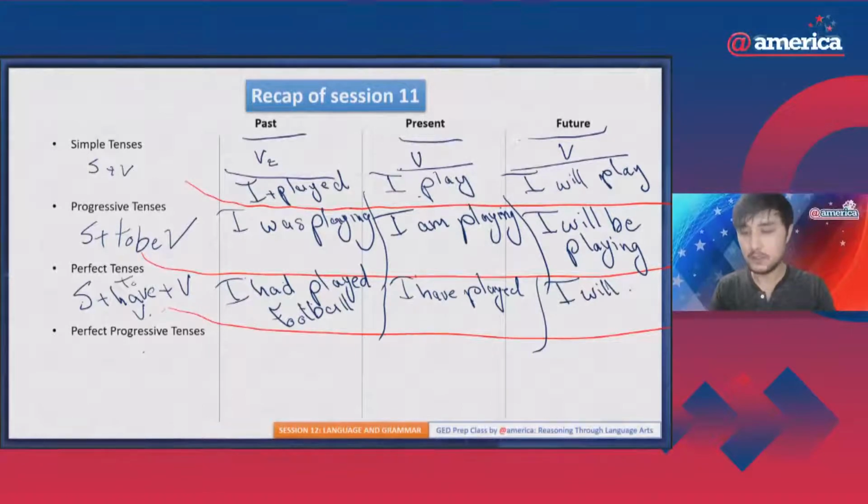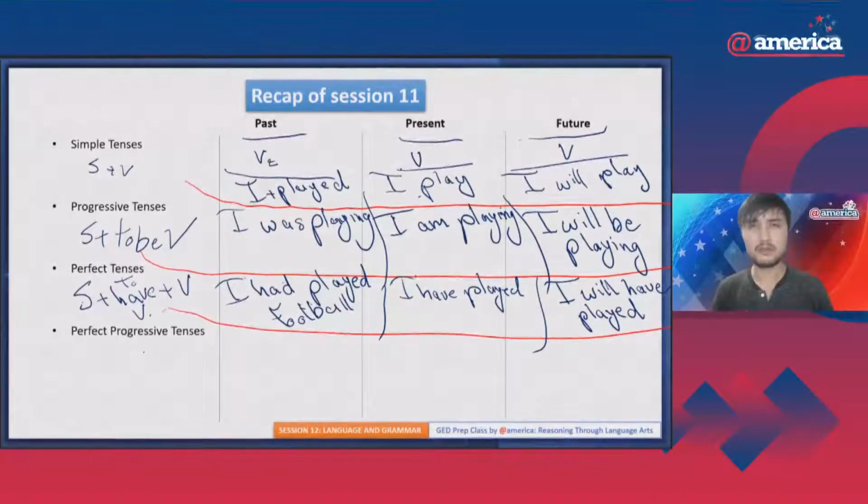and then you have to use to have verbs. I will have played. This is something that you could say, maybe someone tells you, maybe your mom asks you to do the dishes.